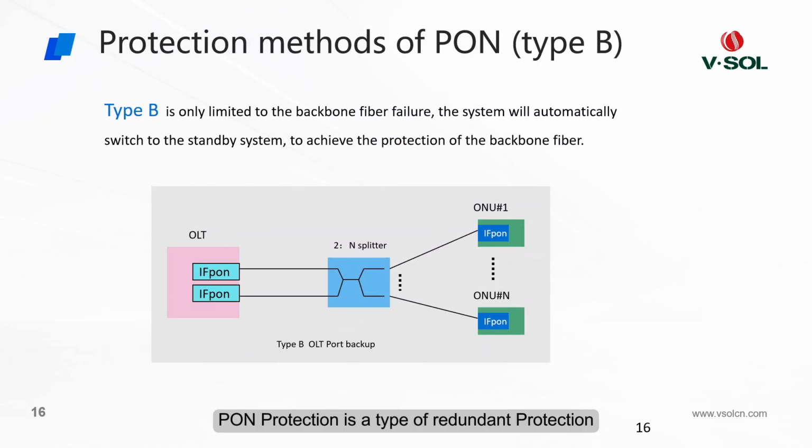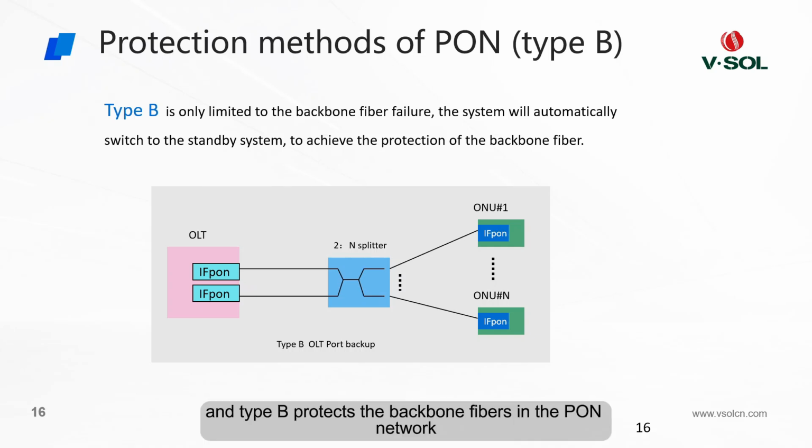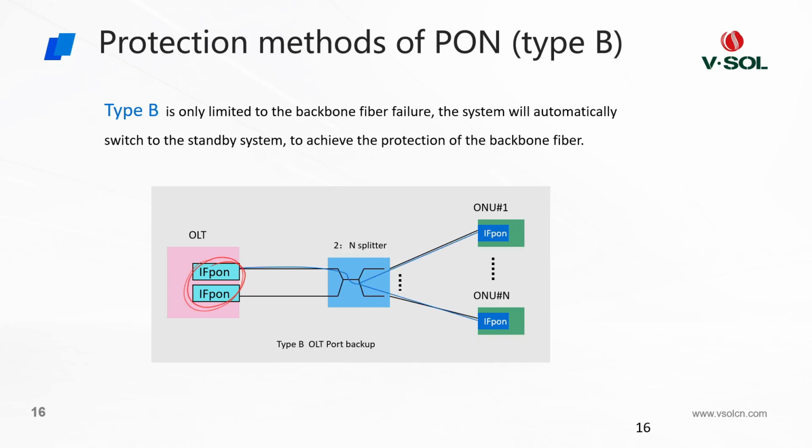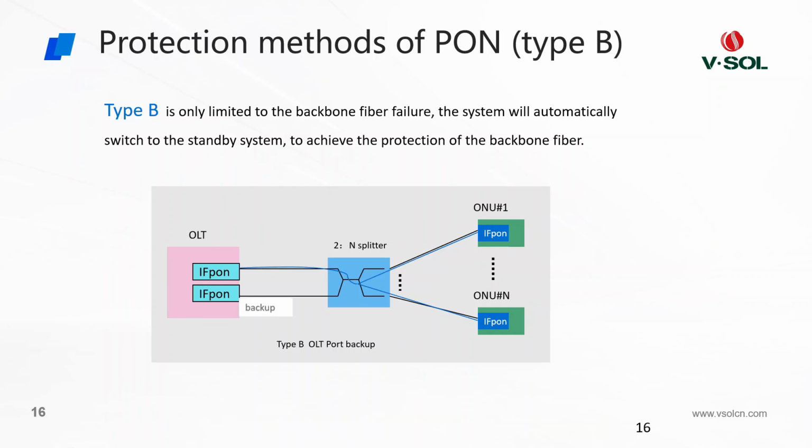PON protection is a type of redundant protection aimed at improving the reliability of PON networks. It has many types of PON protection, and Type B protects the backbone fibers in the PON network. As shown in the figure, the OLT has two PON interfaces connected to the same batch of ONU. These two PON ports, one in working mode and the other in backup mode.